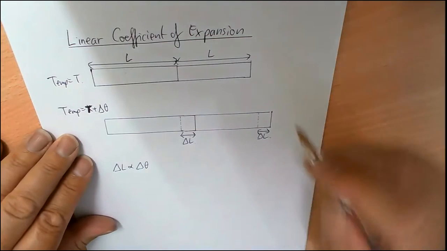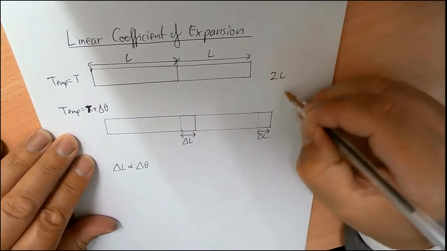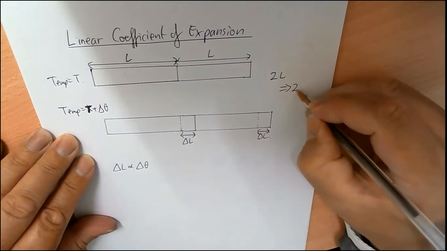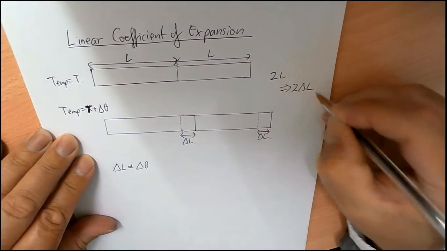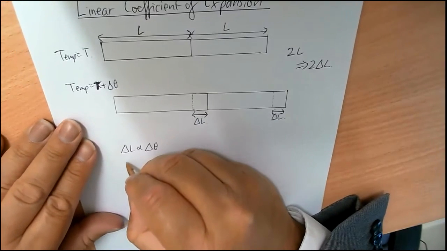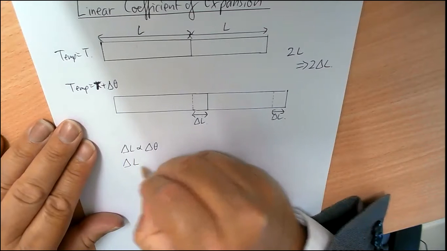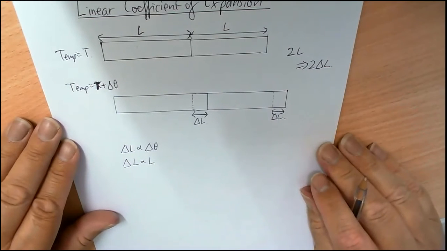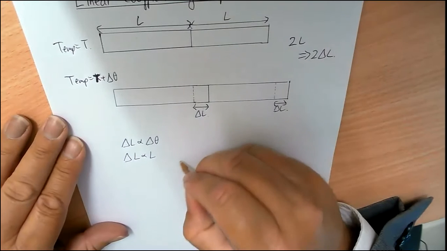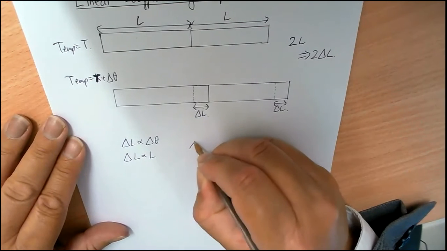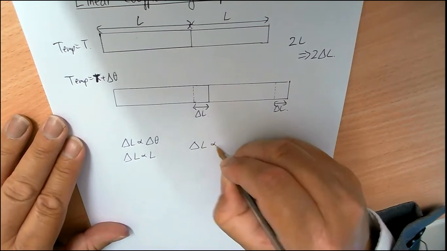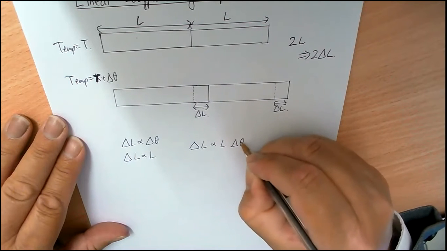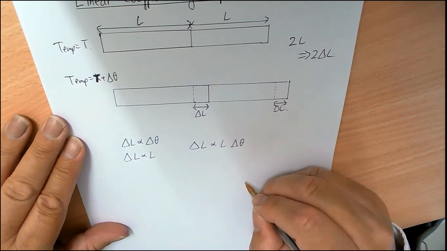So if you've got 2L, that would correspond to an expansion of twice the change in length. So the change in length of an expanding material is proportional to its original length before it expanded, okay? So in other words, the change in length is proportional to its unexpanded length multiplied by the change in temperature, okay?